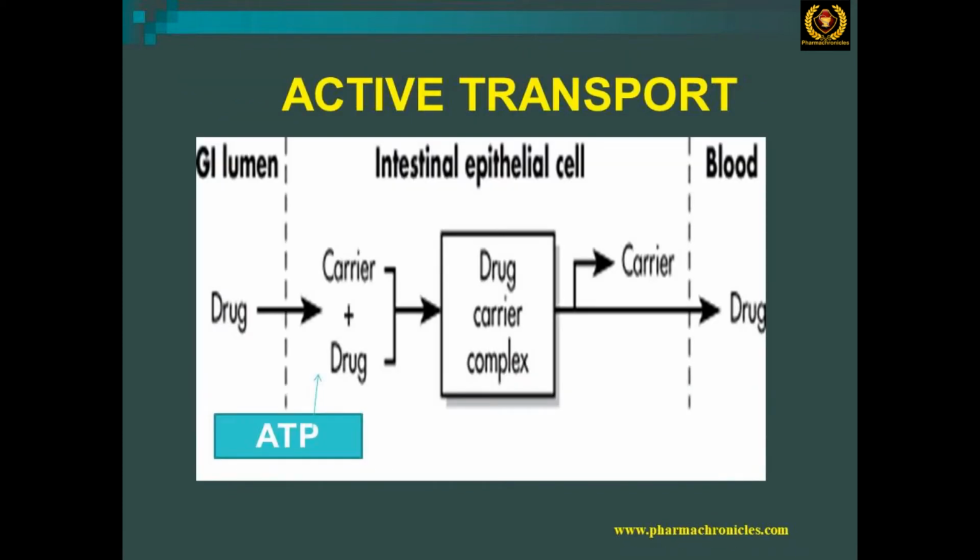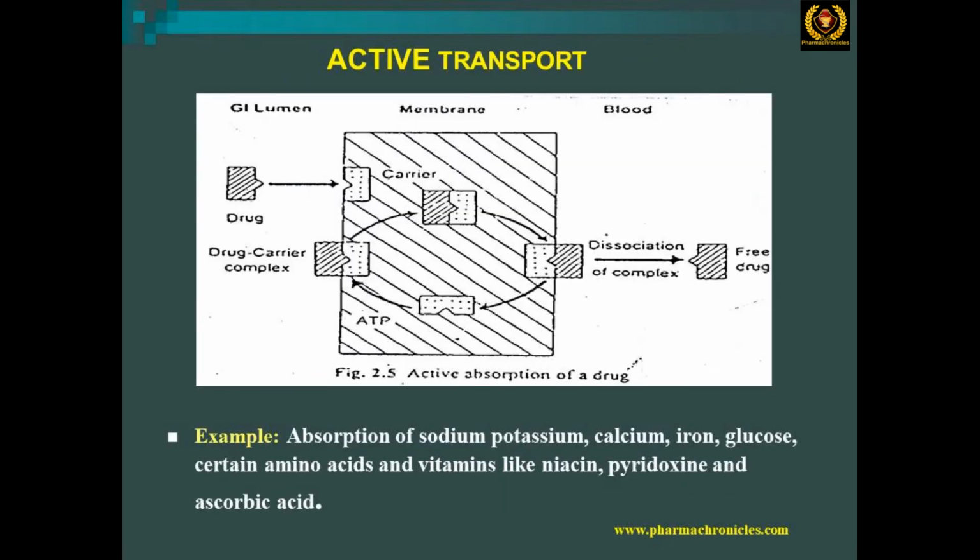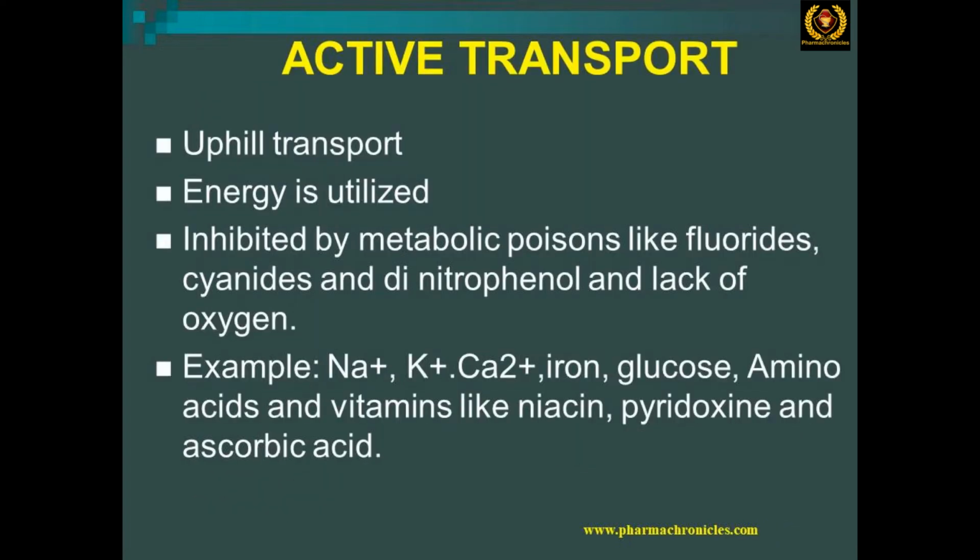Active transport. Examples: absorption of sodium, potassium, calcium, iron, glucose, certain amino acids and vitamins like niacin, pyridoxine, and ascorbic acid. Active transport is uphill transport. Energy is utilized.